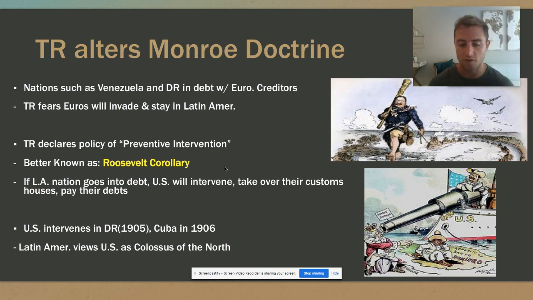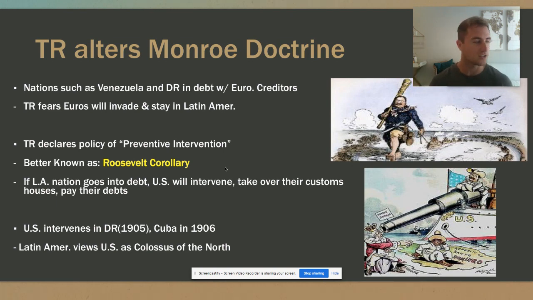We're going to take over their economy. We are going to get the money that you need, European nation. We are going to send that money to you, and then we will make sure that you don't come into the Western Hemisphere. And so what this really is, is thinly veiled American imperialism justifying invading countries in Latin America for the purpose of protecting them from European nations.